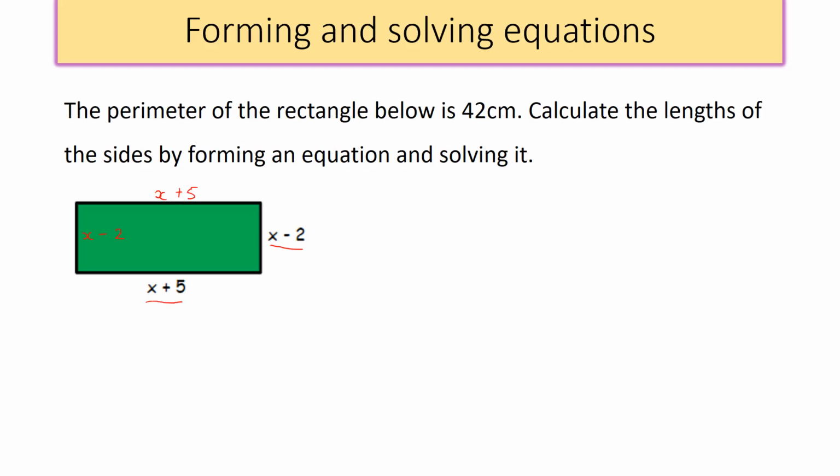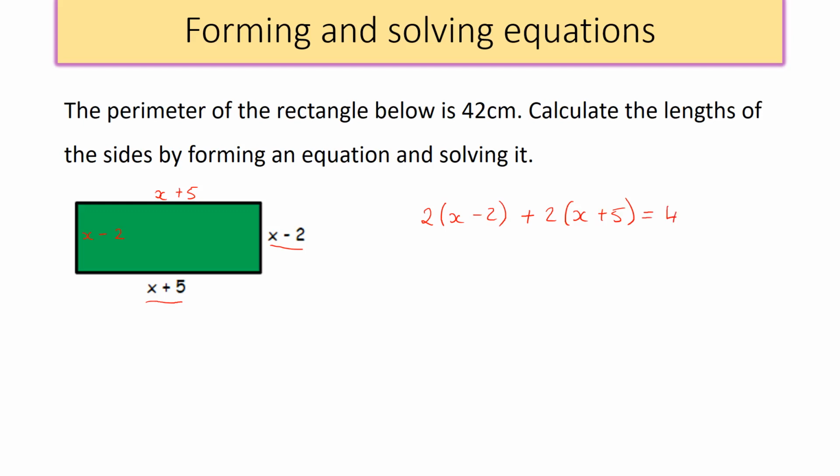So I have 4 sides. I have 2 sides of X take away 2, and I also have 2 sides X plus 5. So I could write it out as X take away 2, add X take away 2, add X plus 5, add X plus 5.